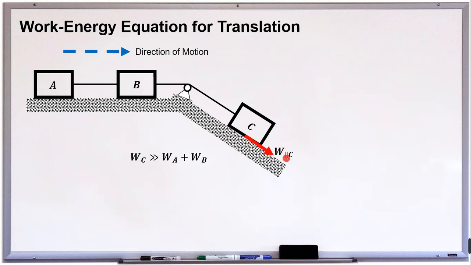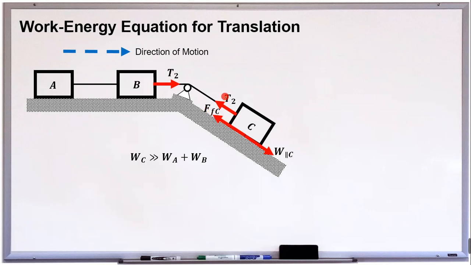So we have here W parallel C, meaning the parallel component of our weight, because remember the weight here is oriented downward. Another force present in our system, starting with block C, is the frictional force FfC. The direction of the frictional force is always opposite to the direction of our motion. That is why it is pointing upwards.